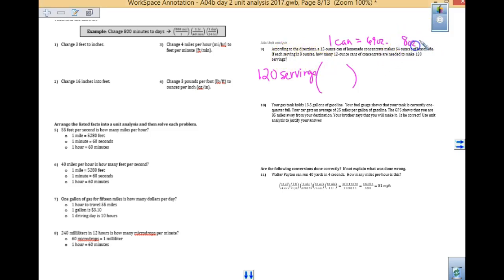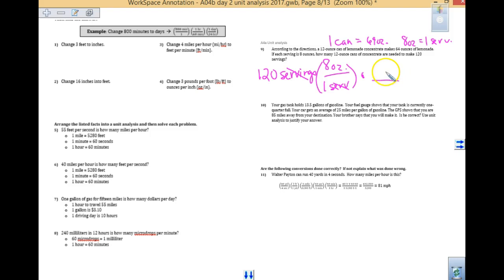So 8 ounces is 1 serving. Those are telling me my units that I'm multiplying by. 1 serving is to 8 ounces. My units would now cancel. I am then looking at 1 can is 64 ounces. Can I put the 64 ounces on top?